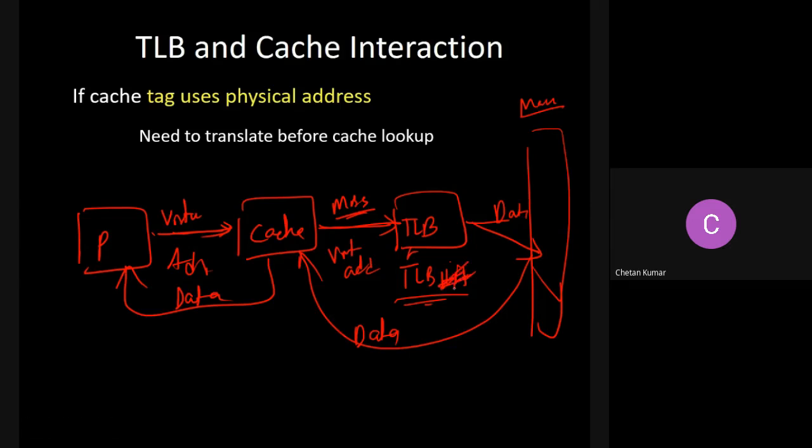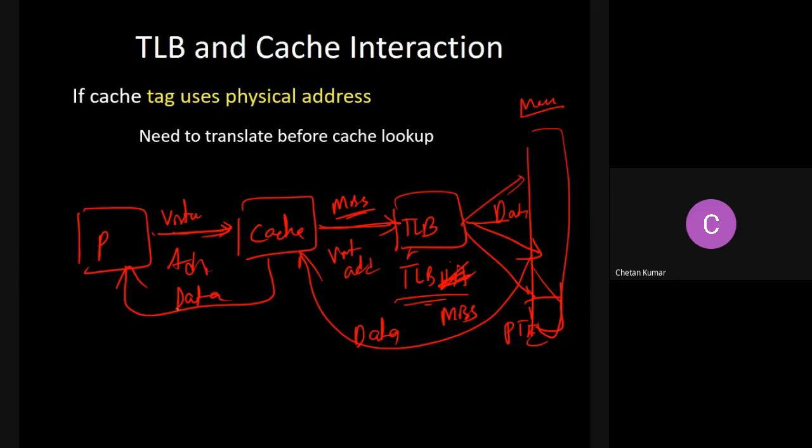And what happens if it is a TLB miss? Again, you have to access your main memory, but now to access the page table, then you get the translation information, and then you have to access the main memory again to get the data, update the data, and so on. This is how it will happen.